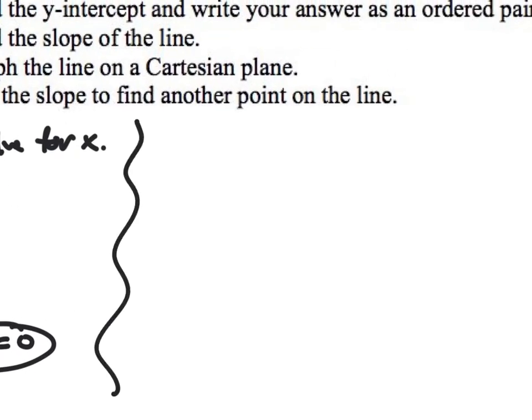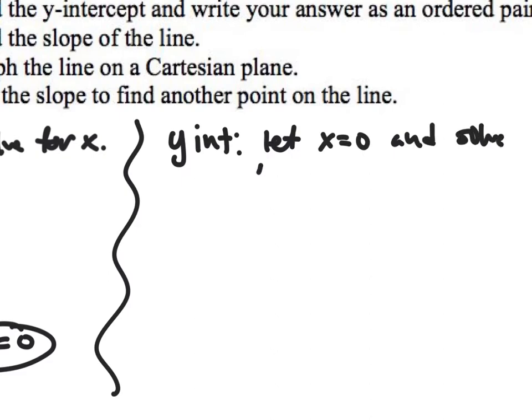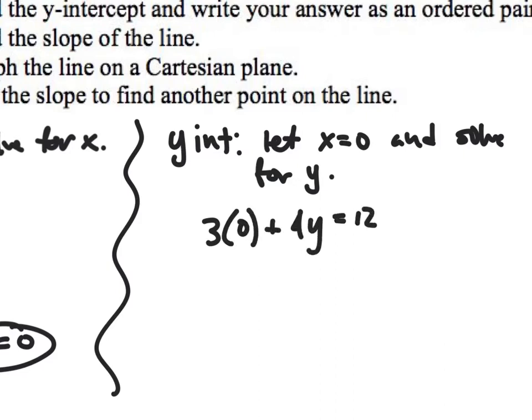The y-intercept is just the opposite. So y-intercept means I'm going to let x equal 0 and solve for y. I'm going to rewrite the same thing. So 3 times x, I'm going to plug in 0 for x, plus 4y is equal to 12. Now 3 times 0 is just going to give me 0.